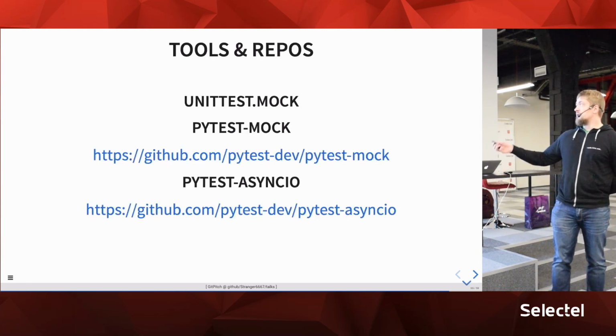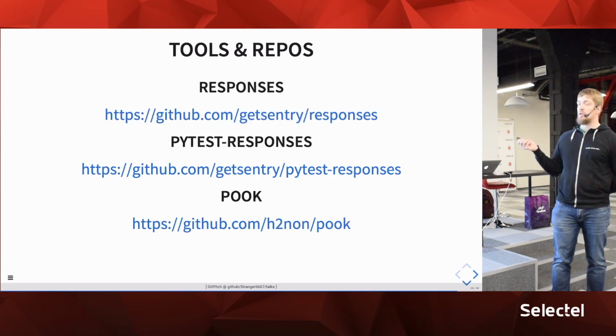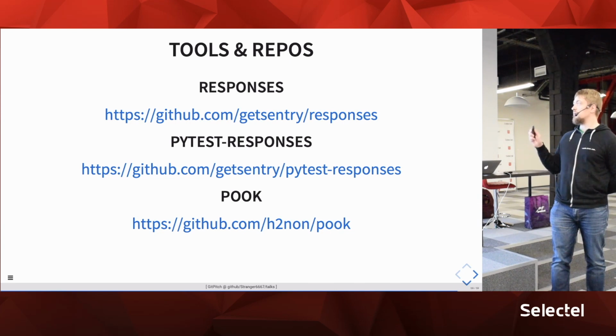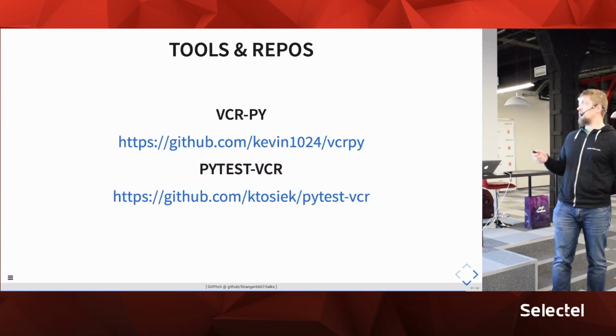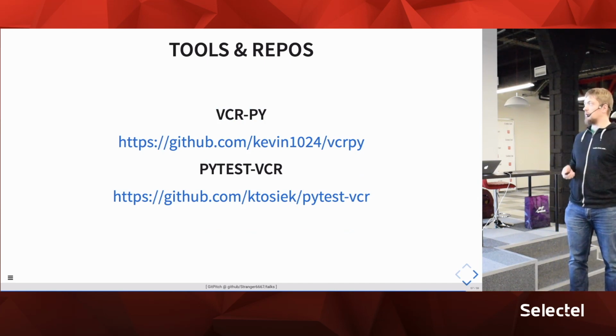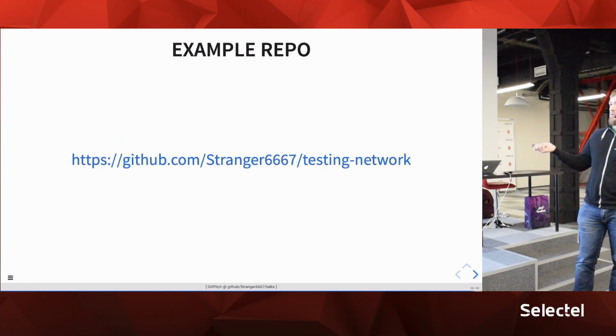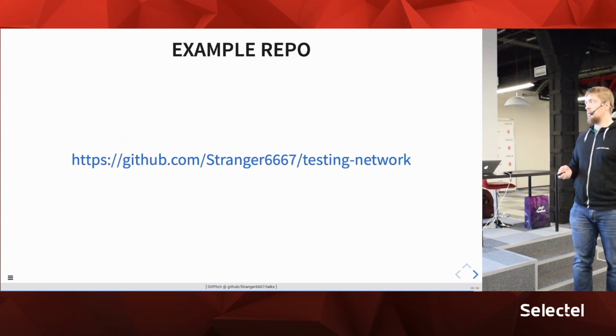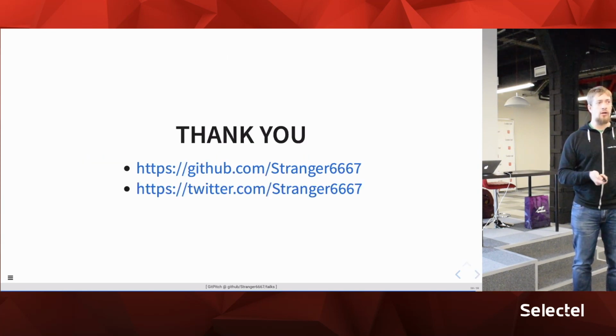We used the unittest mock library with a couple of pytest plugins for our ad hoc tests. We used responses. We used a generic library for the generic case, and we used vcrpy and the accompanying pytest plugin for cassettes. There are some examples in this repo, and basically that's all I got.